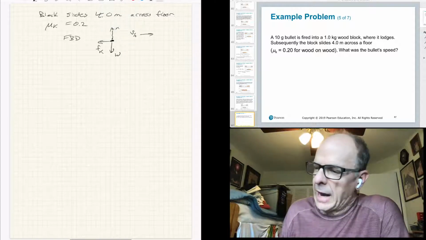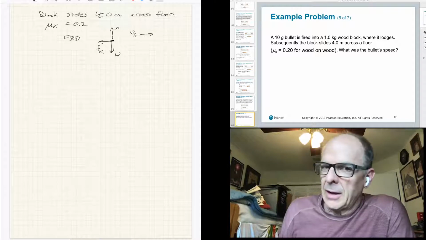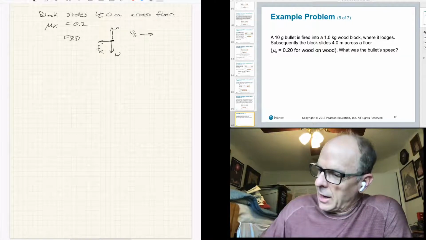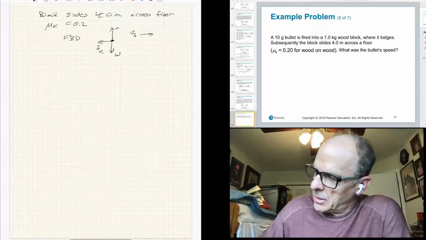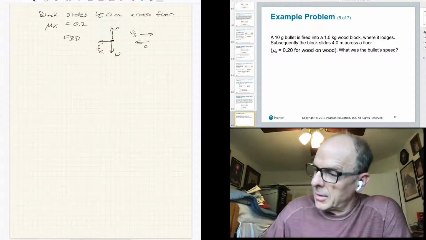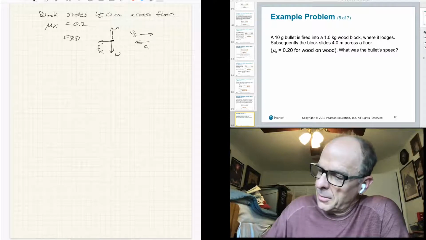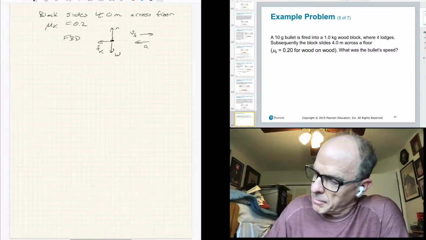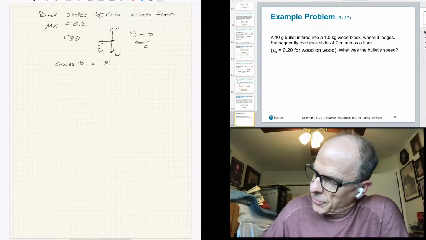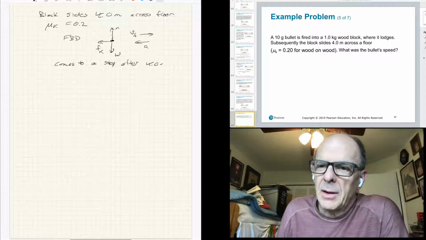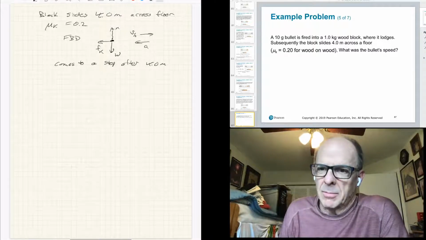Okay, those are the forces acting on it. This thing has, therefore, a net acceleration to the left in the opposite direction of its velocity here, so it's going to come to a stop after traveling 4 meters. So this is now a kinematics problem.